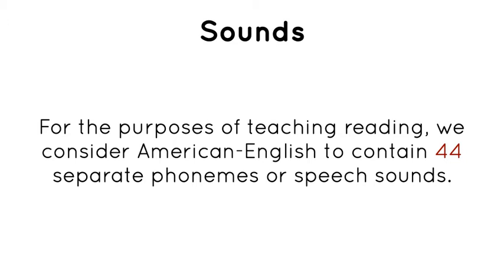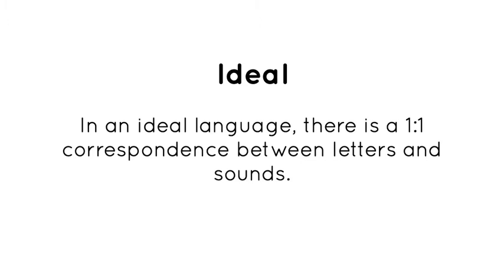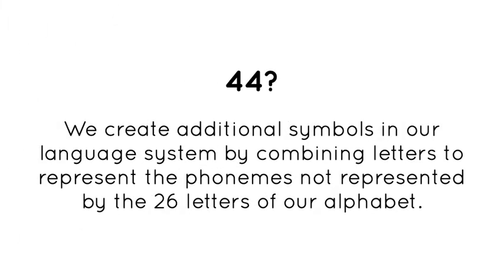Now, I want you to keep that number 44 in your head because in an ideal language, there's a one-to-one correspondence between letters and sounds. If you think back to that 44 sounds in the American English language, you should remember that there are only 26 letters in our alphabet, meaning we are not quite ideal in terms of teaching that particular code.